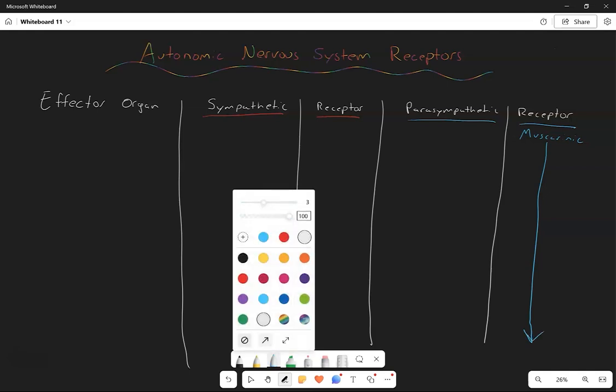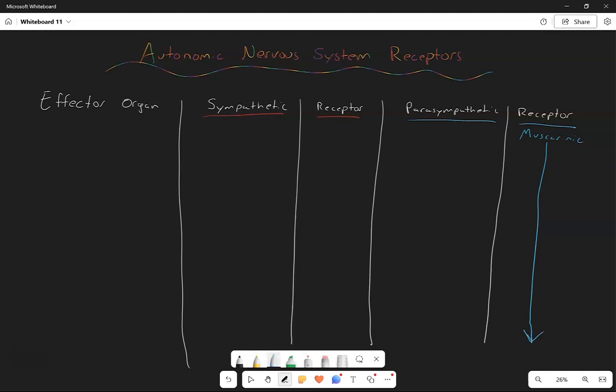Now, a lot of times students want to try to memorize what's happening at all of the different glands or organs. But if you think about it, it is easy to determine what's going to happen at each individual place. So let's think about your pupil. Under sympathetic division, you want your pupil to dilate.